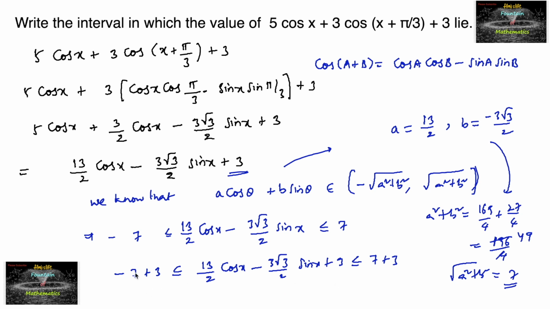So we can clearly mention that the minimum value is minus 7 plus 3, which is minus 4, and the maximum value is 7 plus 3, which is 10. So the given expression lies in the interval (minus 4, 10). We can consider this as the answer. Okay, thank you.